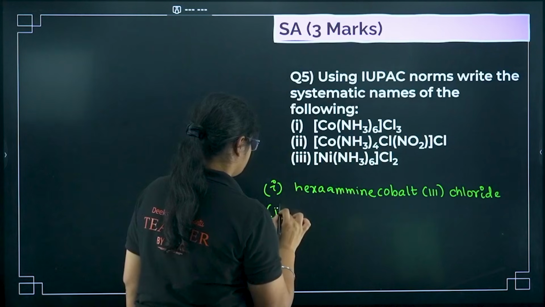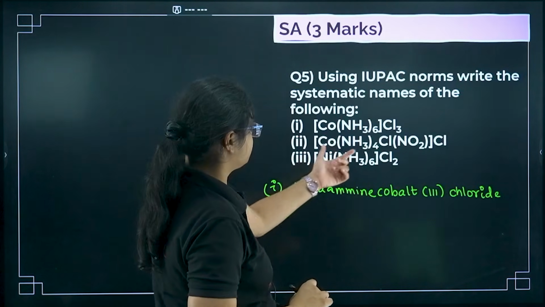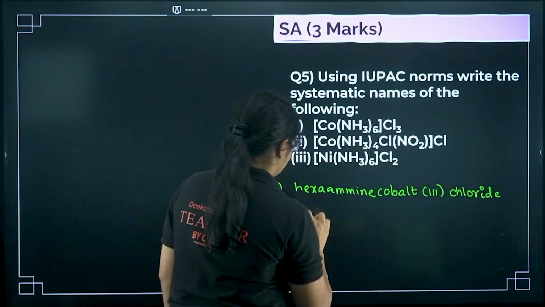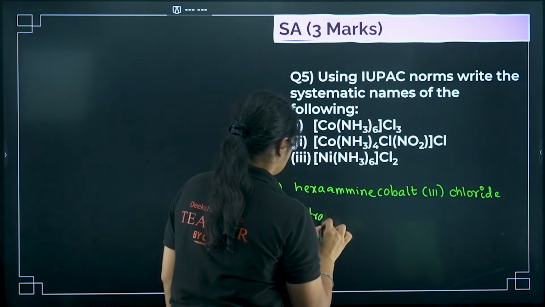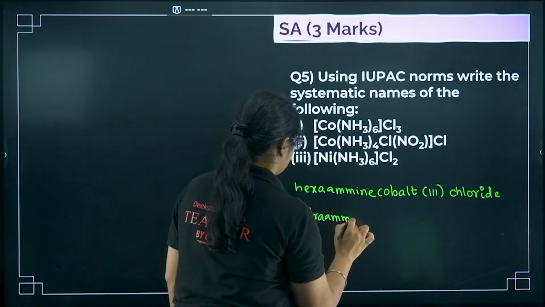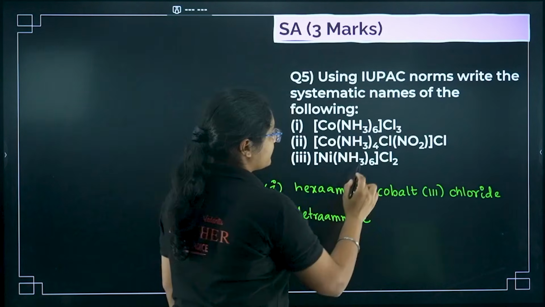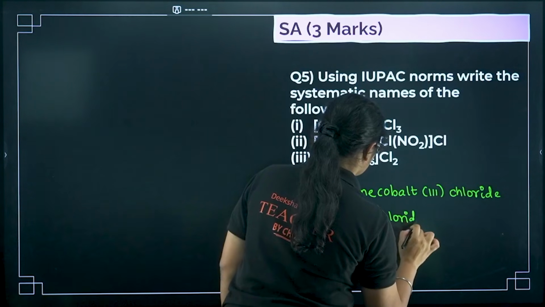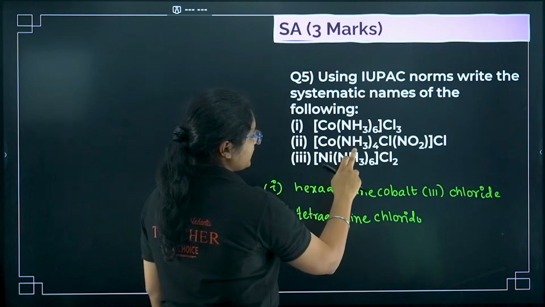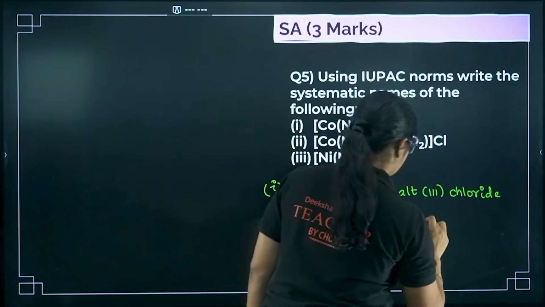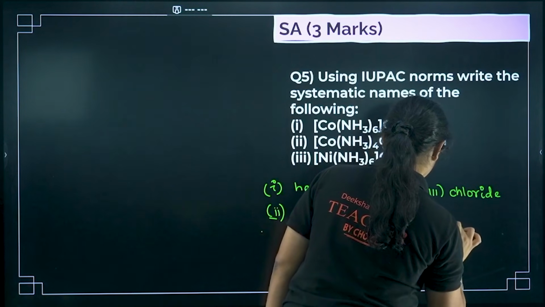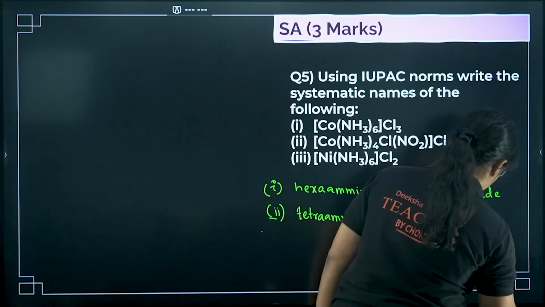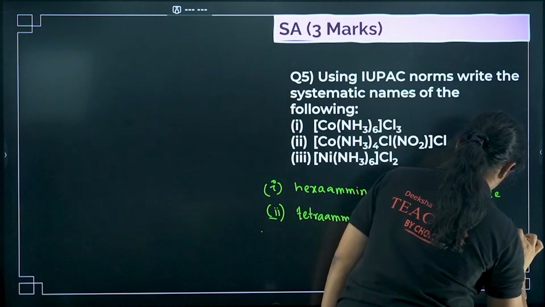Next, coming to the second one, we have this particular compound. So we will have tetraamine, then chlorido, then nitrito N, then cobalt.